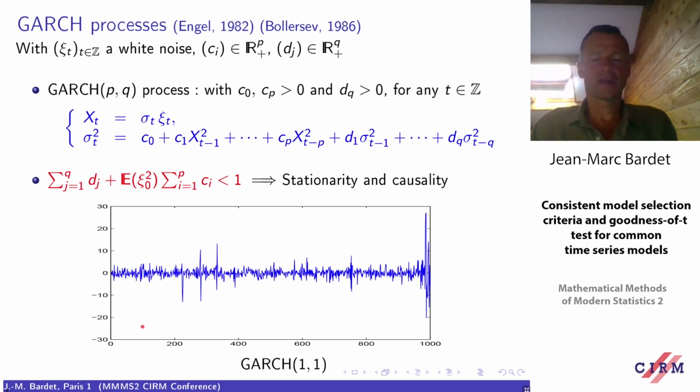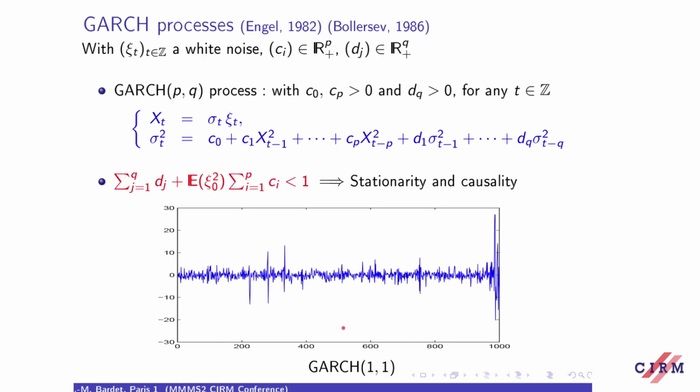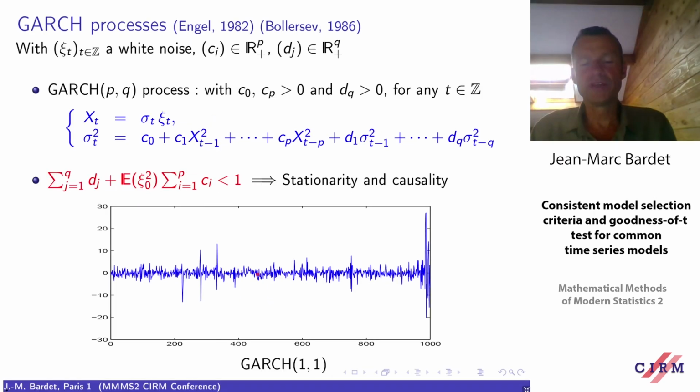And here I also gave an example of a trajectory of a GARCH(1,1). We can see what we said before: when you begin to have small values for xt, the time after you still generally have small values.